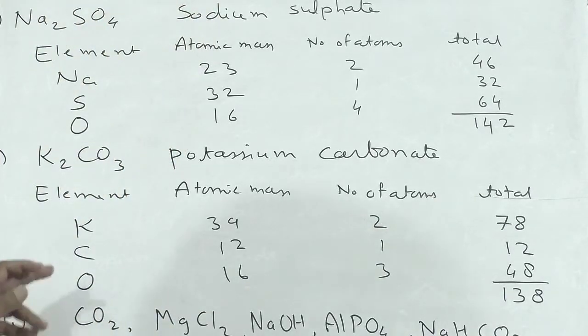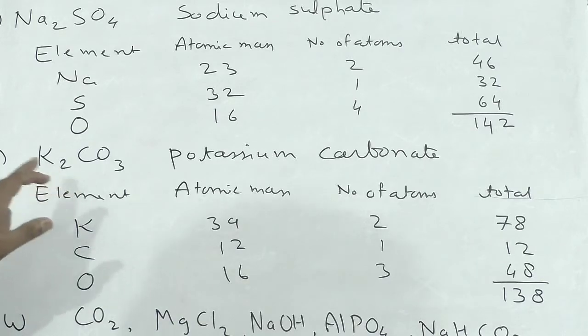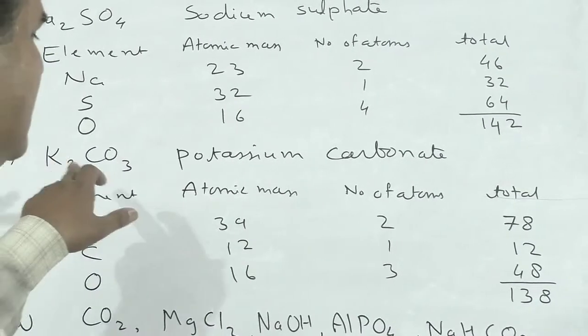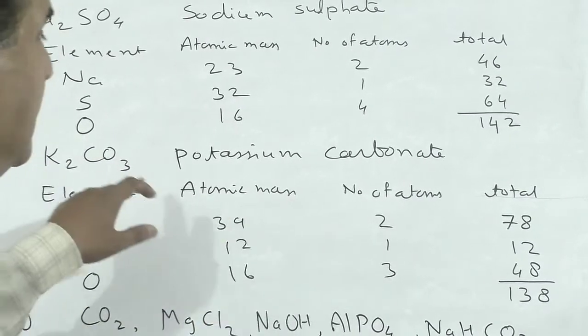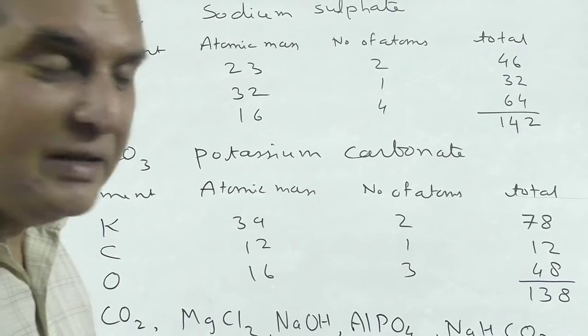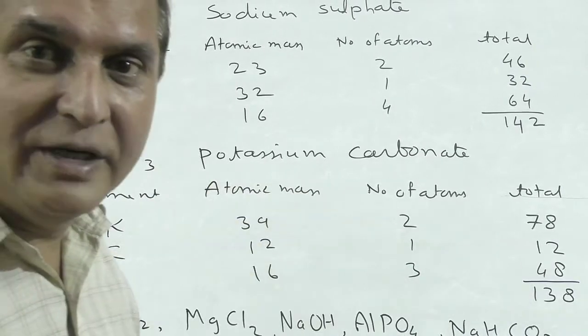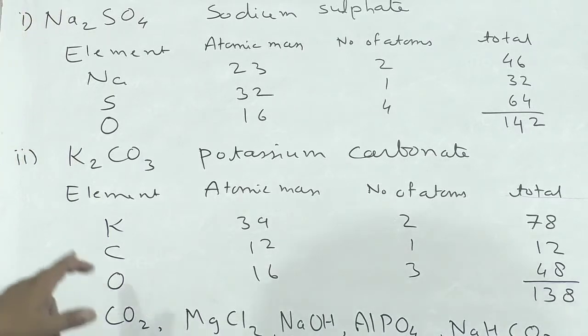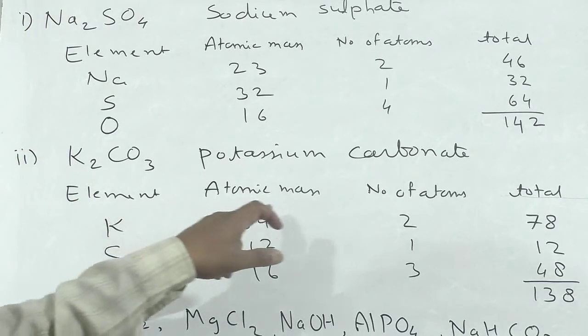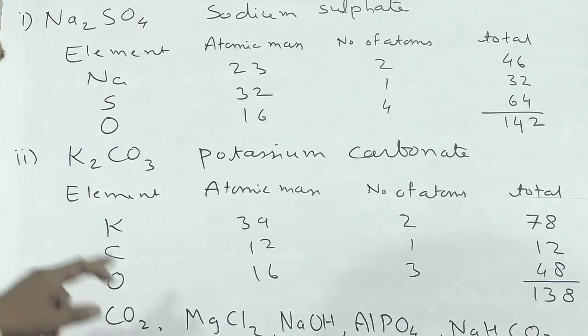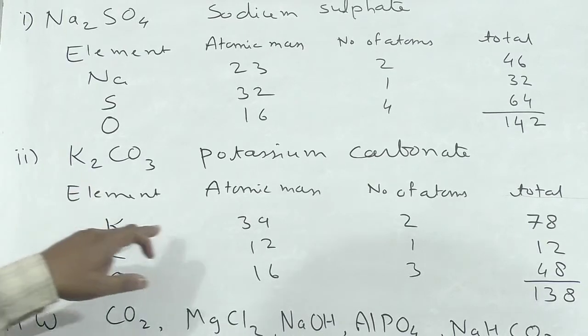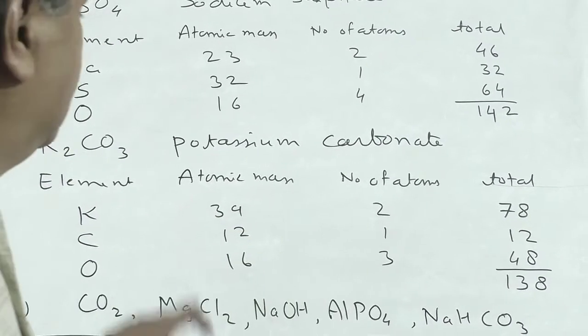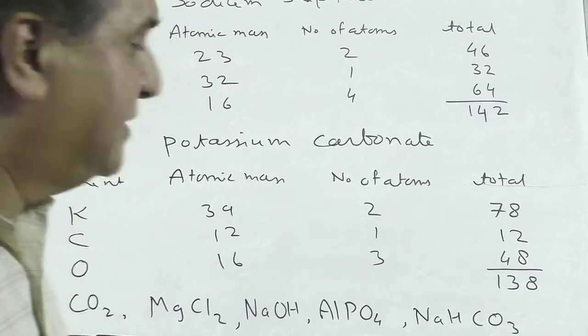Second, I am also doing K2CO3. Look at the table. What is K? Potassium. CO3 is carbonate. So the name is potassium carbonate. We'll make the same table: element, atomic mass, number of atoms, total. K is 39, 2 atoms, 39 into 2 is 78.